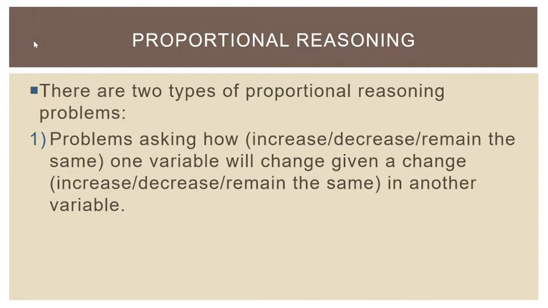And these, I think it's fair to say, are the more basic kind of problem, because they're basically just going to ask you if another variable increases or decreases, then what's going to happen to some other variable in the equation. And you'll be asked whether it increases, decreases, or remains the same. The way you'll figure that out is, of course, by looking at the equation.